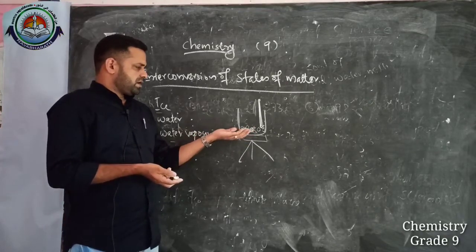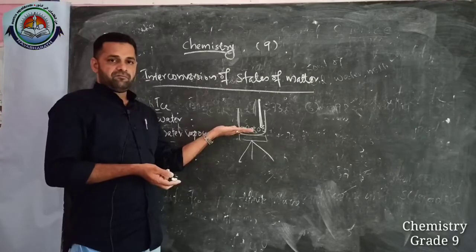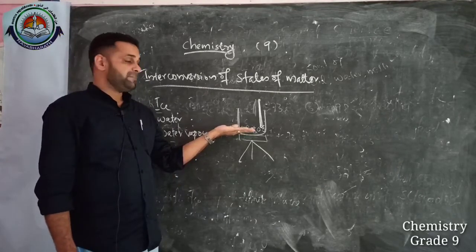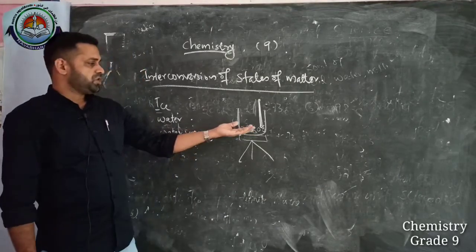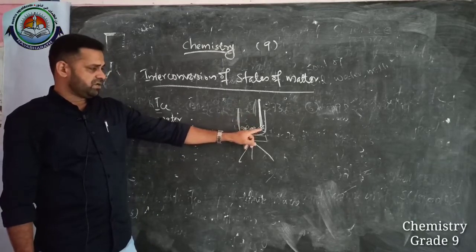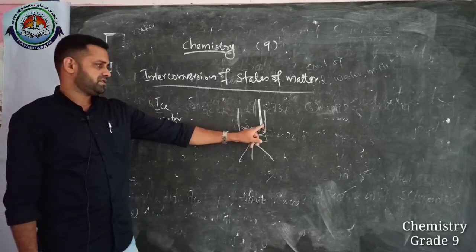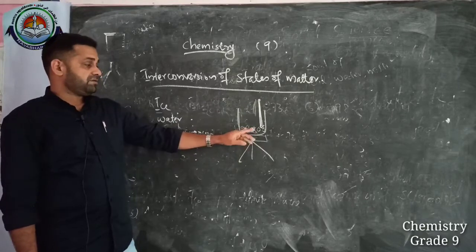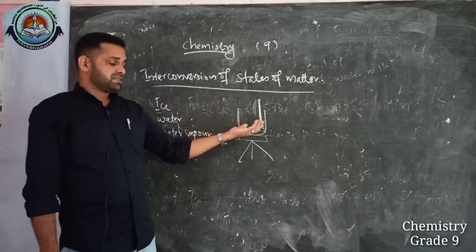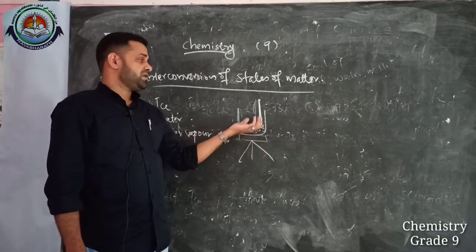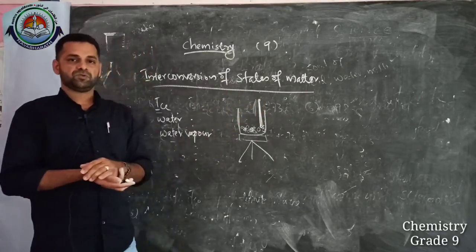So at that time, when ice cubes are melting, you note that. Initially note the temperature of the thermometer, and after heating, when the ice cube starts melting, you also notice the temperature.